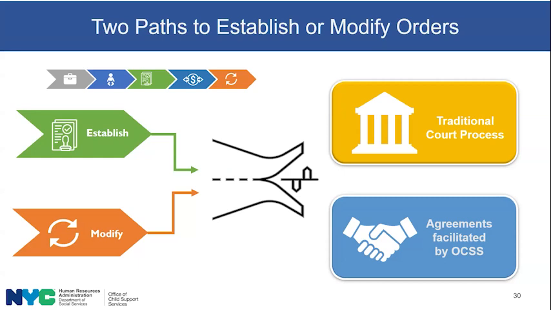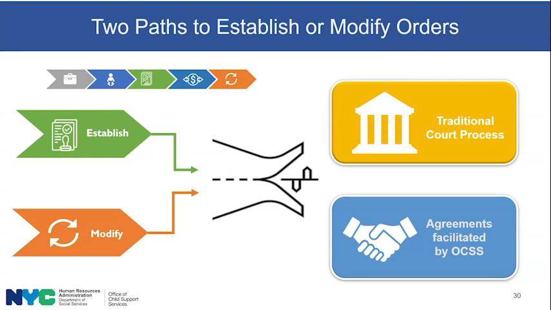If the NCP loses his or her job or has their hours cut, that would justify a downward modification. If the NCP has gotten a new job or a promotion, that could result in an upward modification.